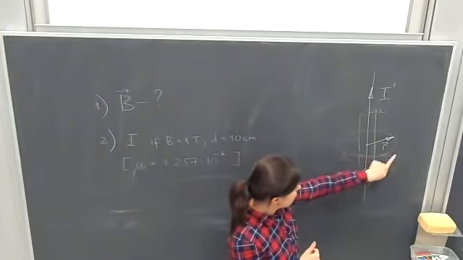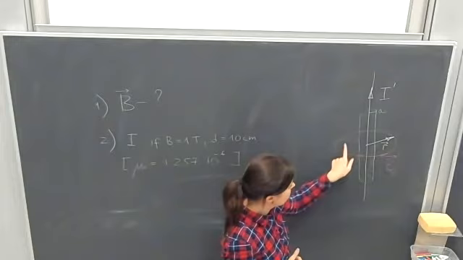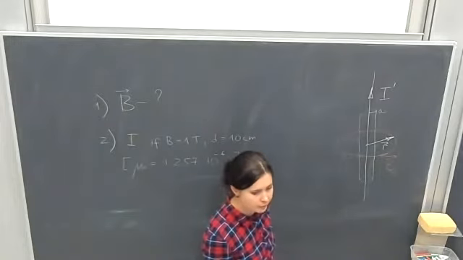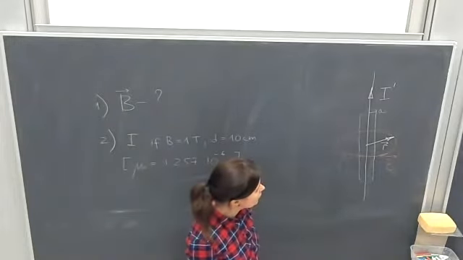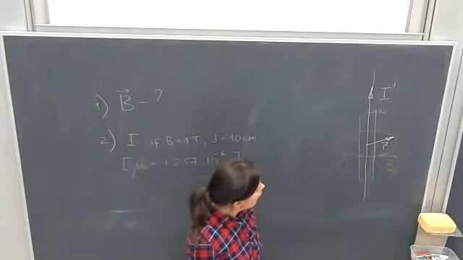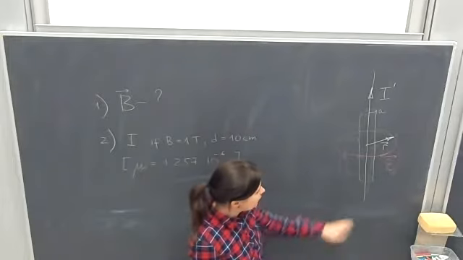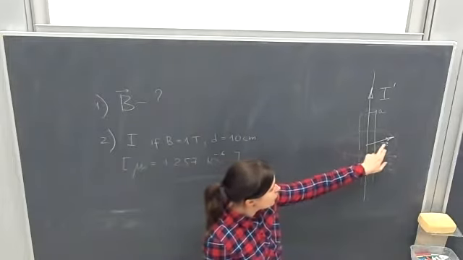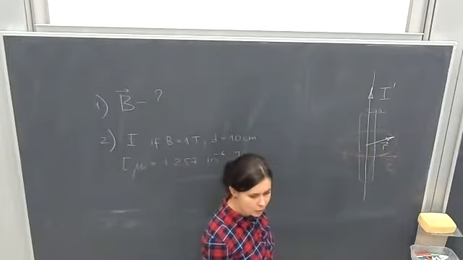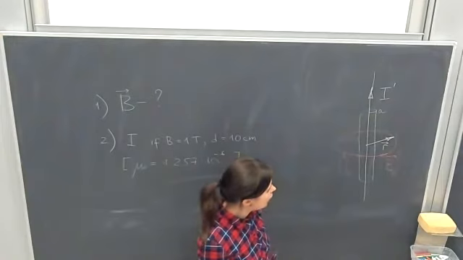So you can see that it's a circular induction around the conductor. We can define the radius of this circle, which is r.